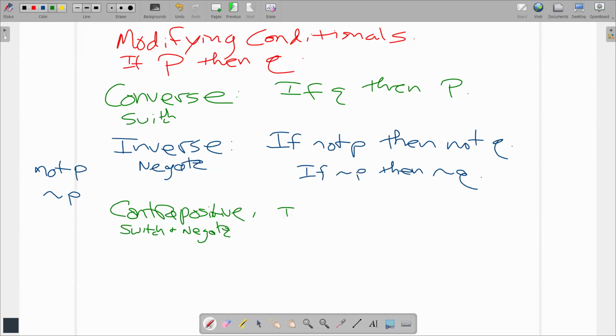So that would be if not Q, then not P. So I'm going to give you a statement in a minute, and I want you to try and write the converse, the inverse, and the contrapositive of the conditional that I gave you. And then we'll talk about them a little bit.